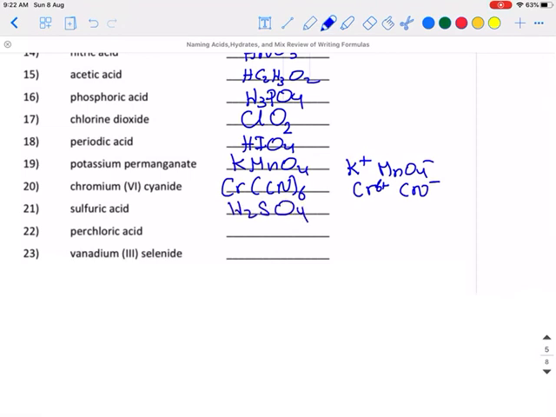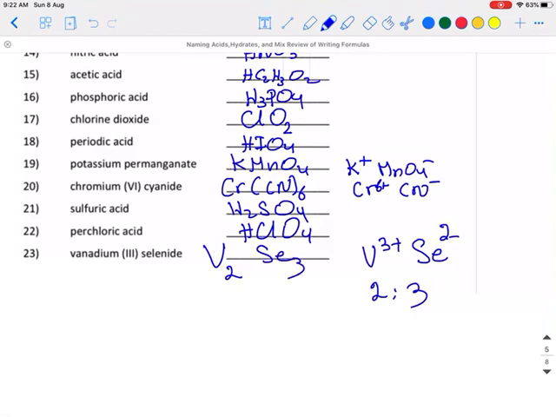Sulfuric acid, H2SO4. Perchloric acid, HClO4. Vanadium(III), 3 plus, selenide from selenium group 6, Se 2 minus, so the ratio will be 2:3, so it will be V2Se3.